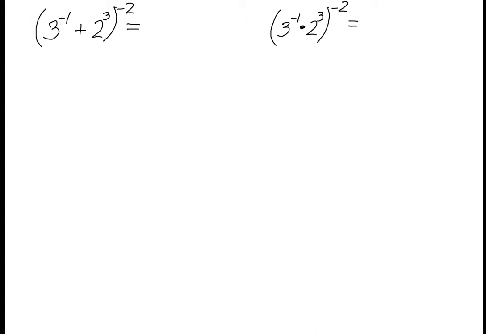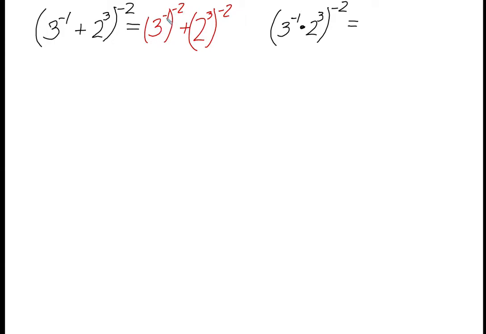It might be tempting in this first one to distribute the negative 2 exponent in here and say this is 3 to the negative 1 to the negative 2 plus 2 to the 3 to the negative 2, and then use the rule of exponents that says we can multiply exponents in this instance.